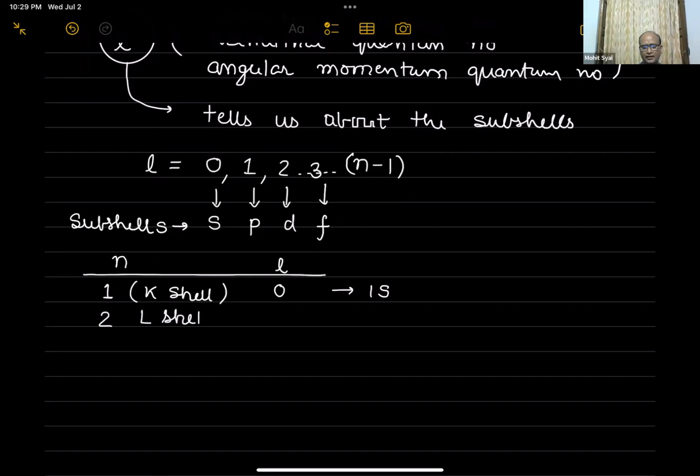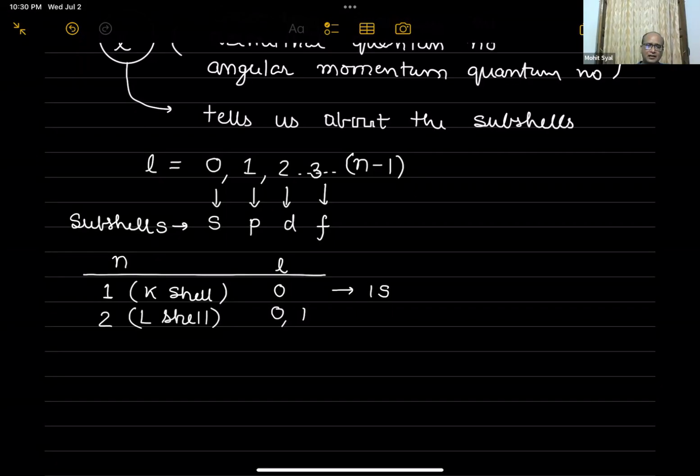What is the value of n? n is 2, so 2 minus 1 is 1. How many different values can L have? L can have 0 and 1. There are two different values, 0 and 1.